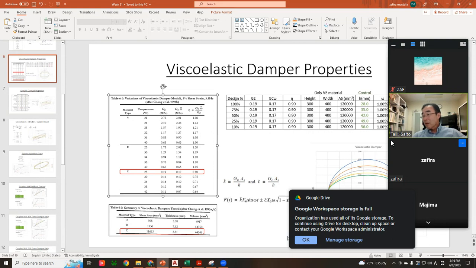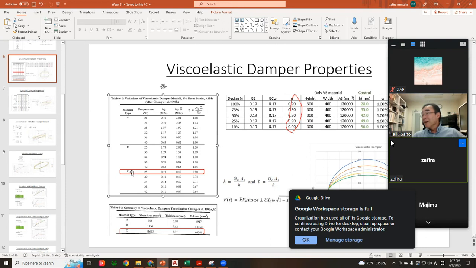Is it okay to assume constant eta? Yes. Why?